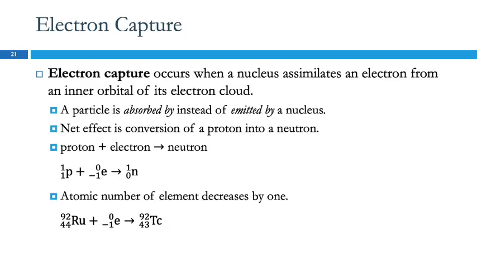This one's a little different because instead of something shooting out, something's getting caught. Electron capture. A nucleus is assimilating an electron from one of those inner orbitals of its electron cloud, maybe a 1s electron, sucked into the nucleus. So the particle gets absorbed instead of being emitted.